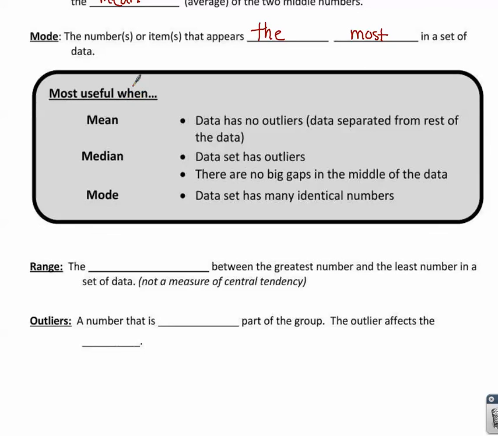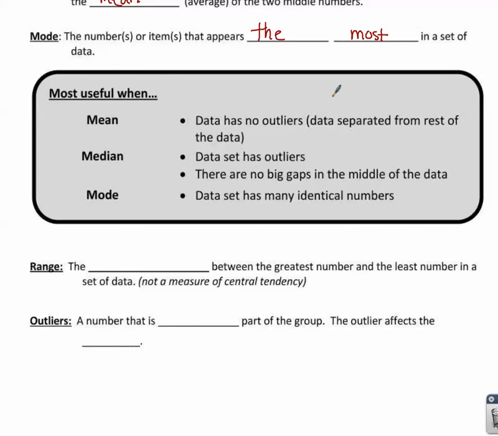So a few helpful hints. The mean is most useful when the data has no outliers. Okay, an outlier is a data value that separates from the rest of the data. So for example, if our test scores average in the 80s and 90s, and then you have someone that made a 40, the 40 is considered an outlier.